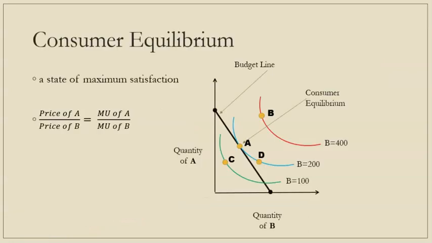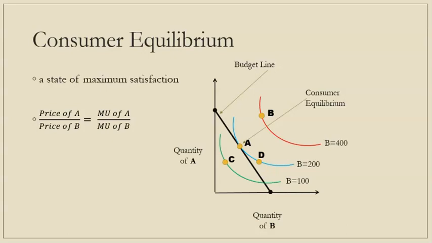So here, let's take a look at a nice graph. And you should be familiar with previous ones about your budget line. Right here, we have the budget line, and we have points outside that budget line, B and D, and those would be items that would exceed our budget.